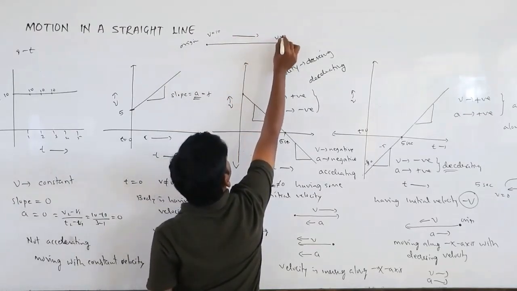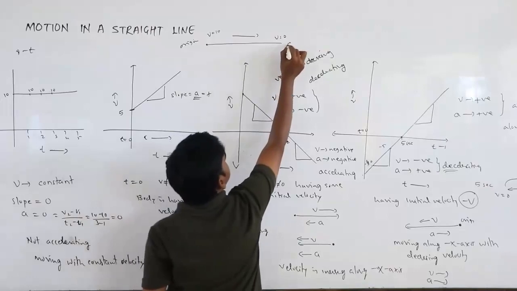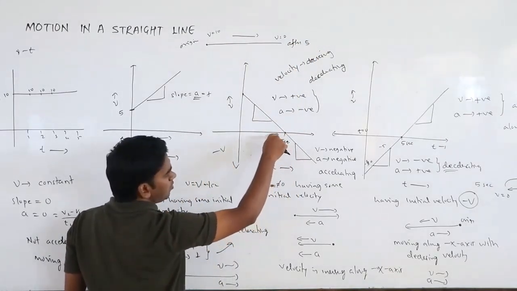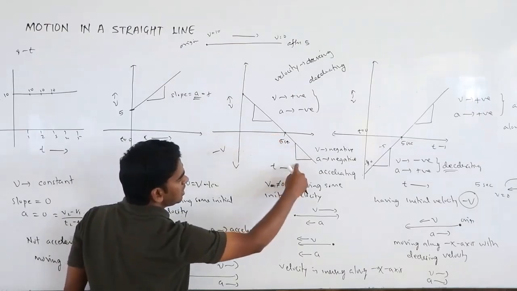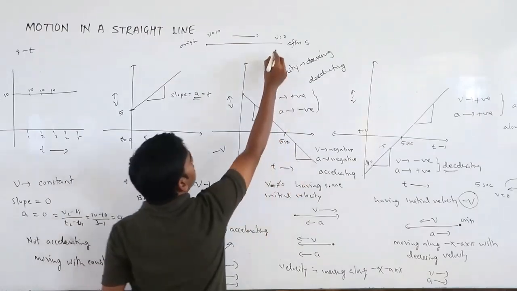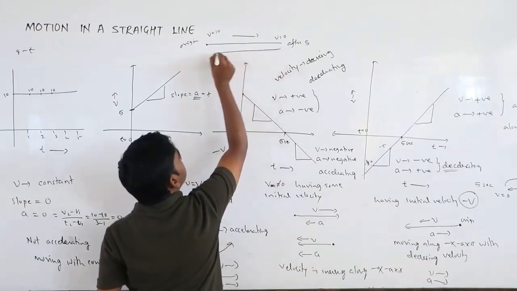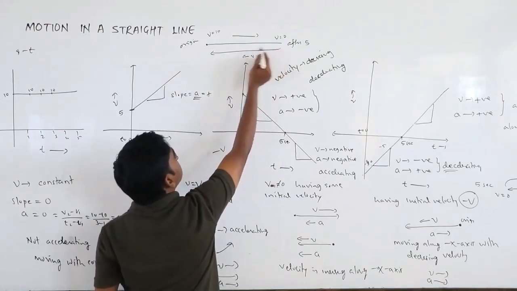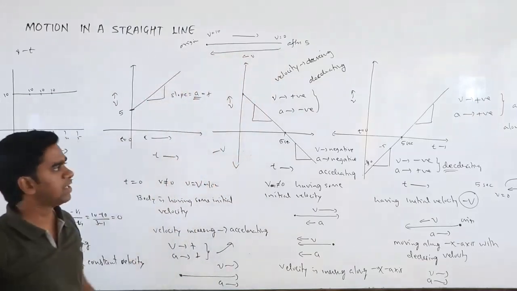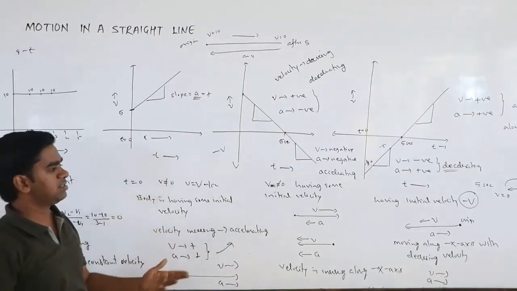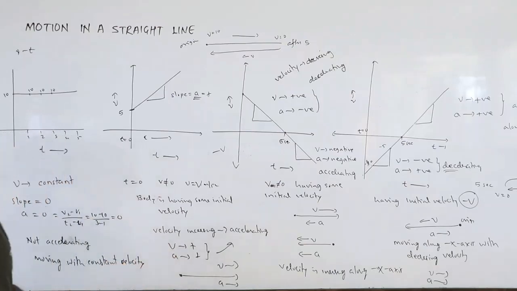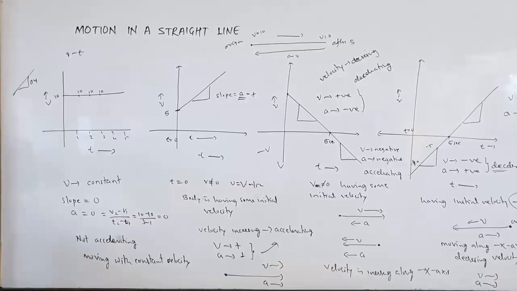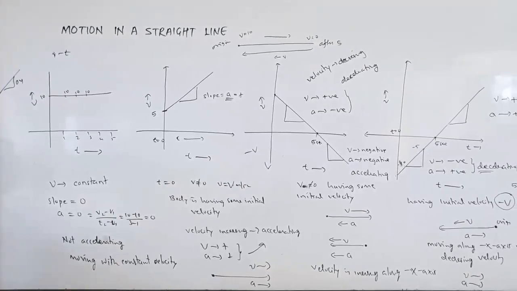Then the velocity direction changes and increases, so it starts moving in this direction, increasing again from 0 to 10. Like that you can draw the motion diagram for any graph. You should be able to do that, then only can you easily solve the graphical problems.